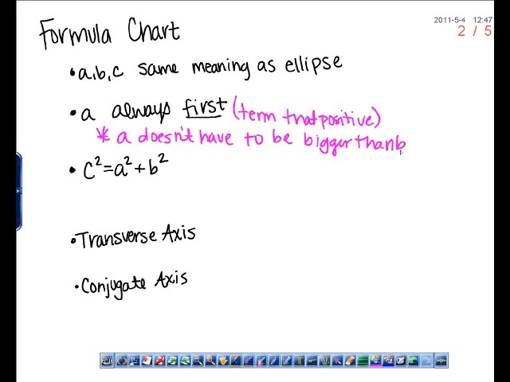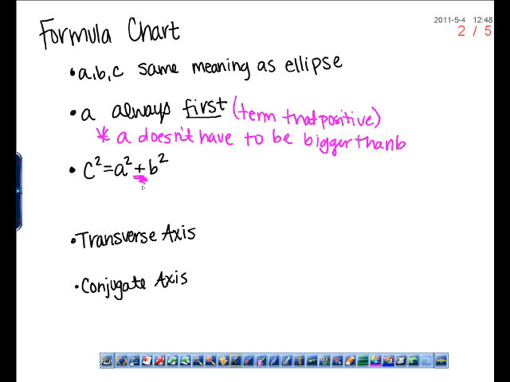The other difference we already mentioned was that c squared equals a squared plus b squared. In an ellipse, that's a squared minus b squared. We talked about on the graph that there are asymptotes. In an ellipse, we had major axis and minor axis.